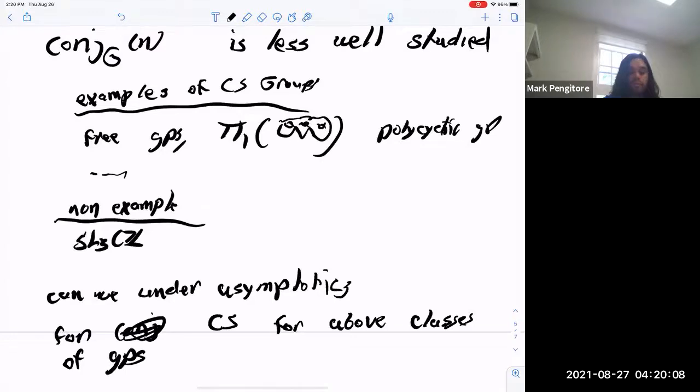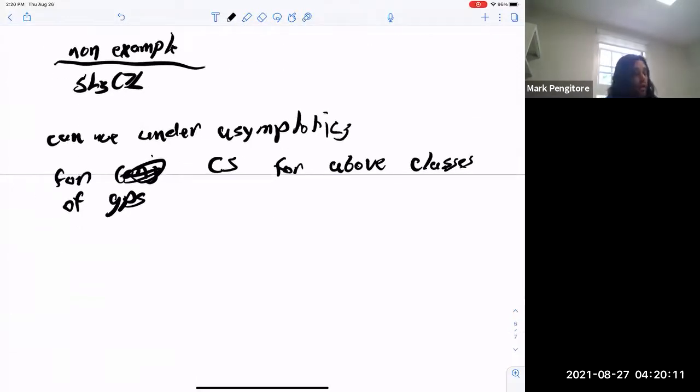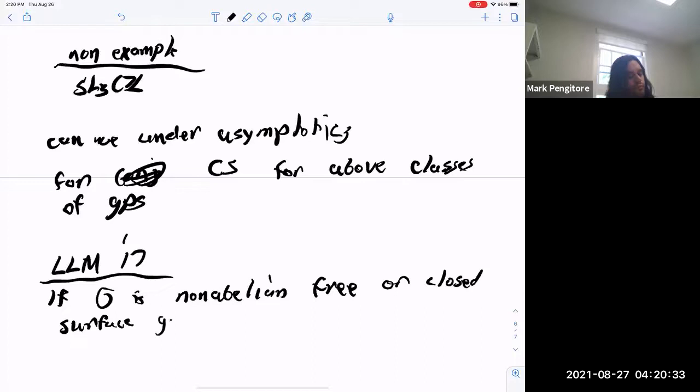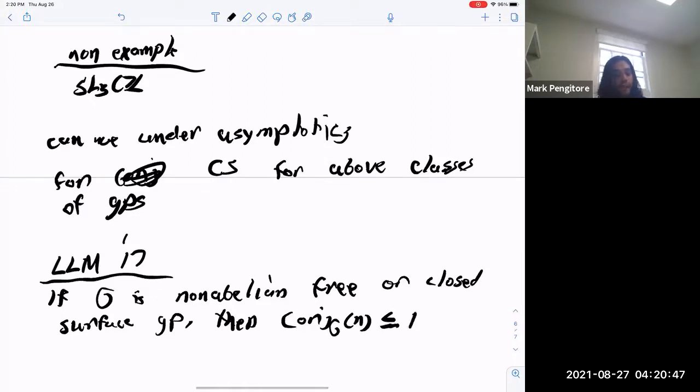Louder and McReynolds show the following: if G is not an abelian, free group, or a surface group, then the conjugacy separability has a really horrible growth rate asymptotic upper bound.